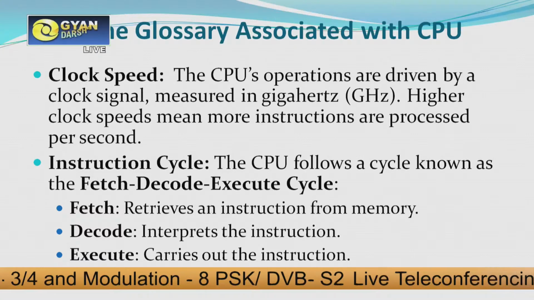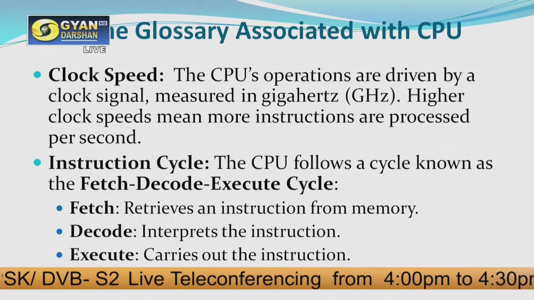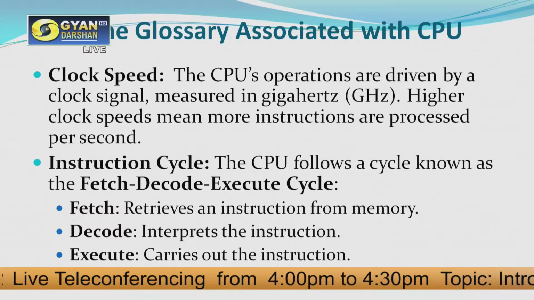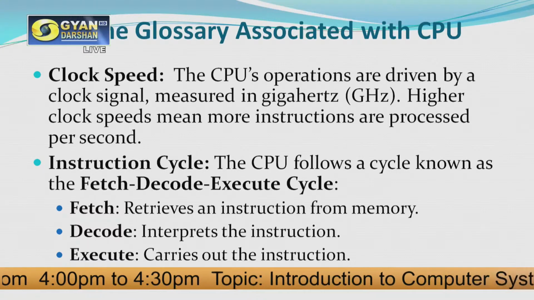The second item that you have to learn is the instruction cycle. Whenever you speak about an instruction, that is only one particular statement in a program. It comes with FDE, that is fetch, decode and execute. The CPU follows a cycle known as the FDE cycle.